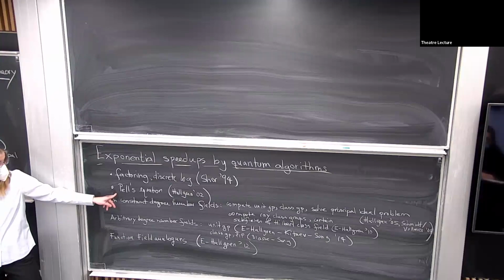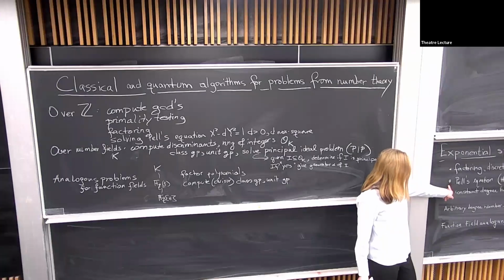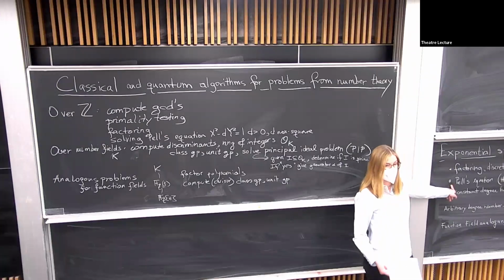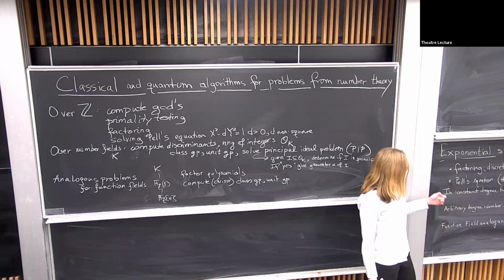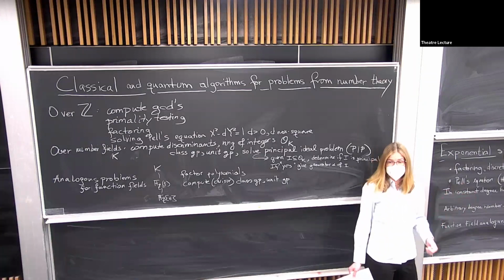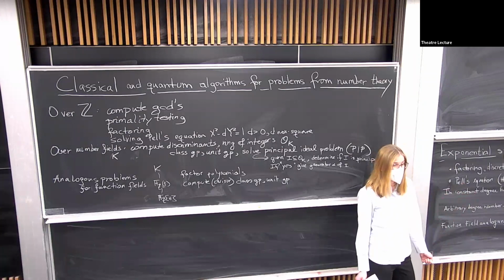But then Sean gave a talk on the hidden subgroup problem, which I'm going to talk about, which is one of the mechanisms used in quantum algorithms, and talked to Henrik about potential problems from number theory that one could solve with quantum algorithms.